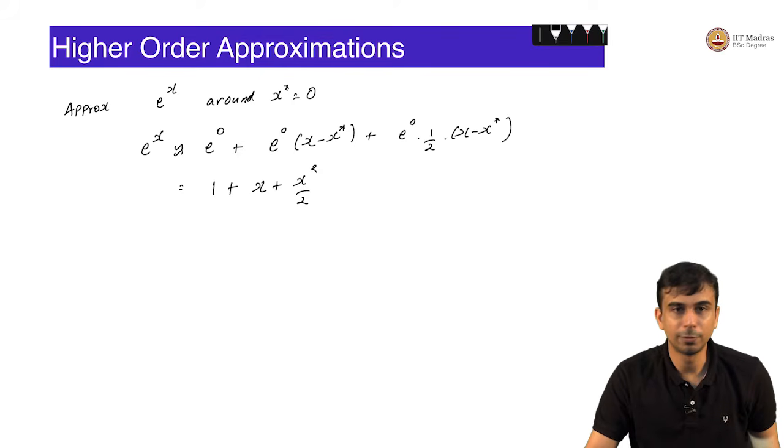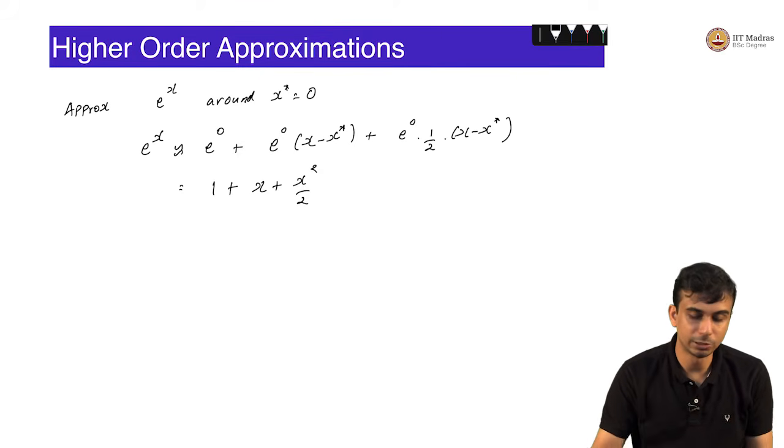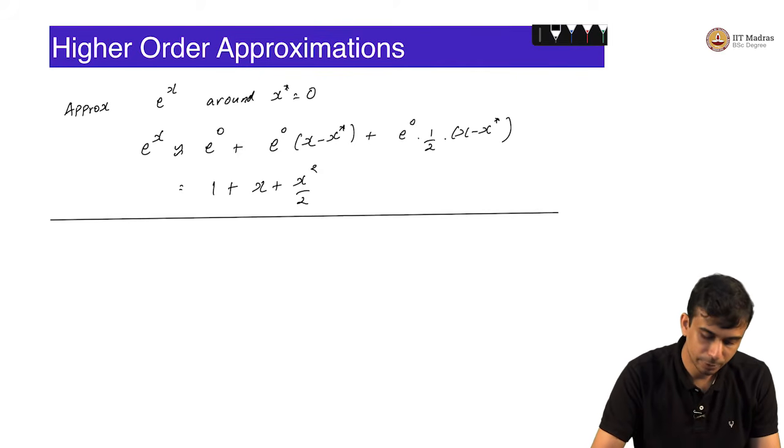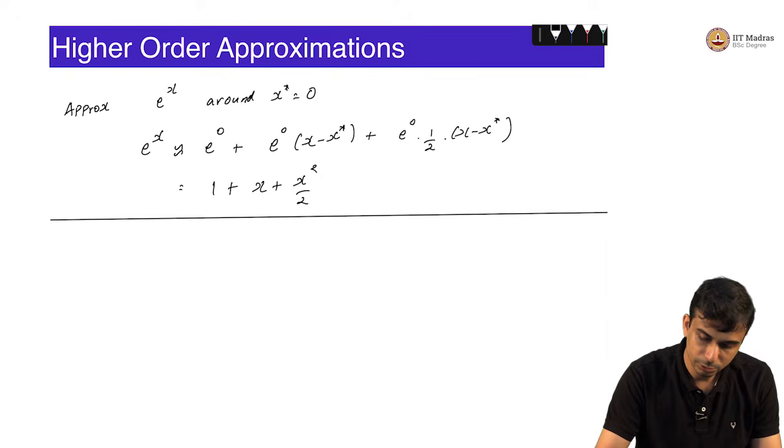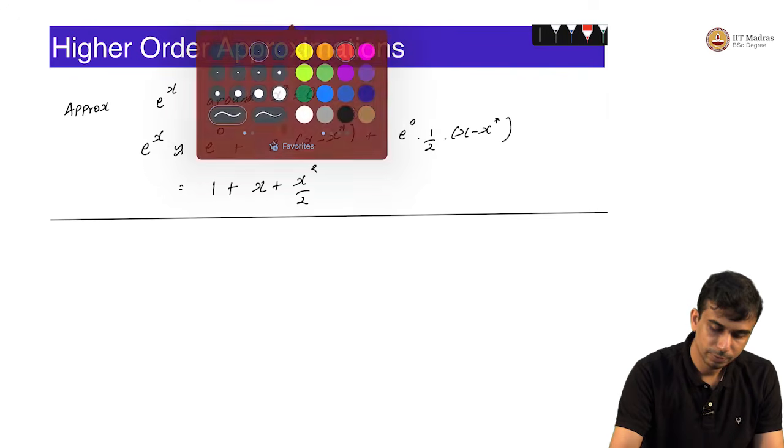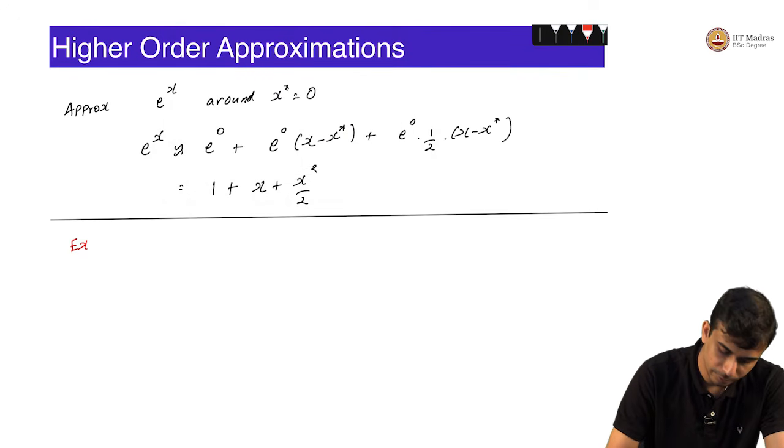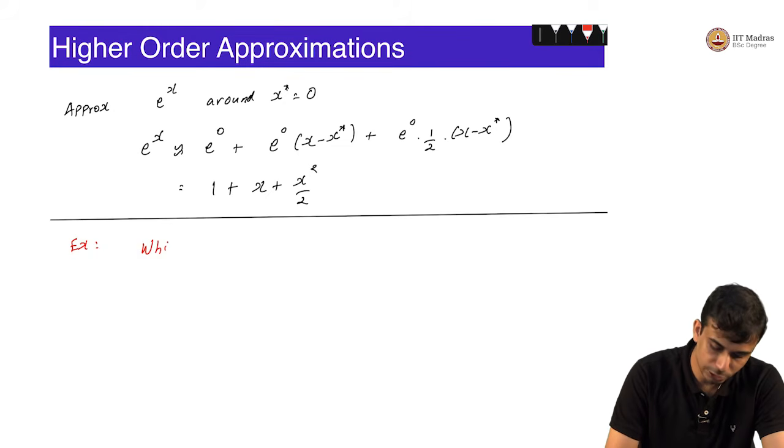Here is a couple of examples where quadratic approximation will actually be useful. Here is an exercise question. Which is closest to 1.1 power 7?